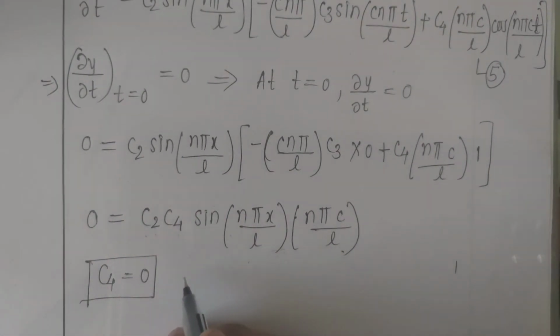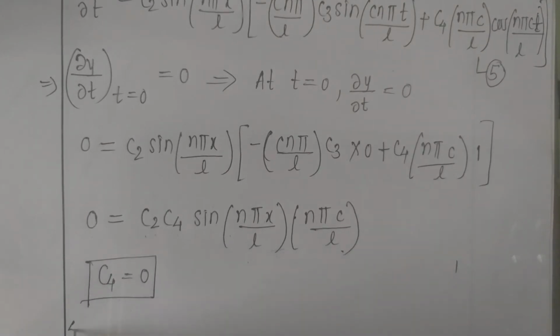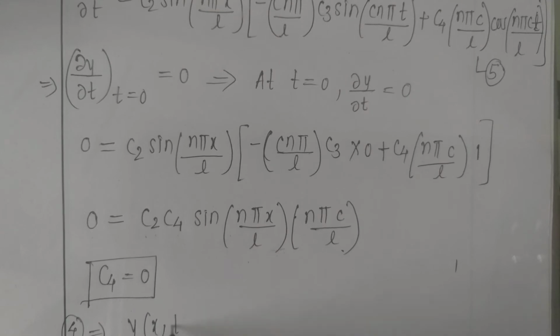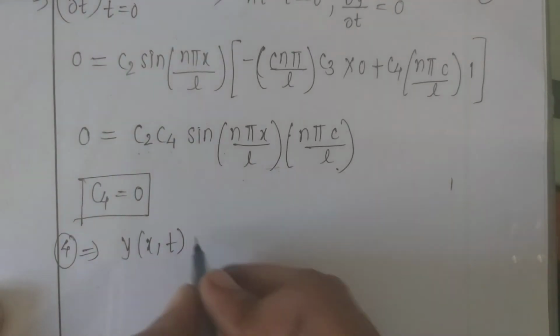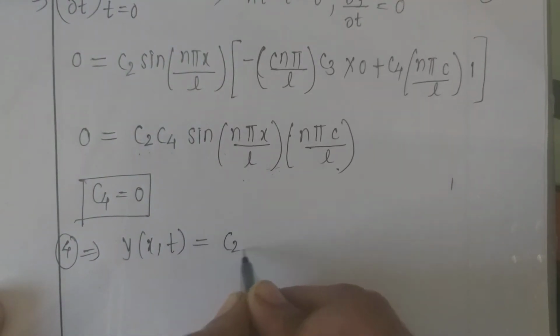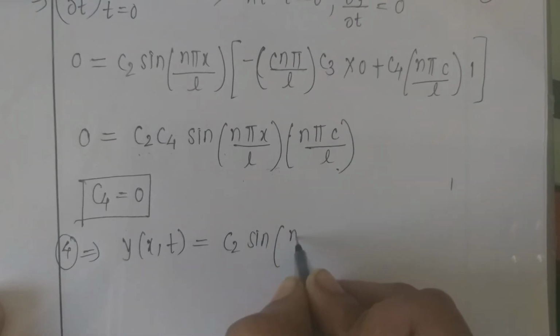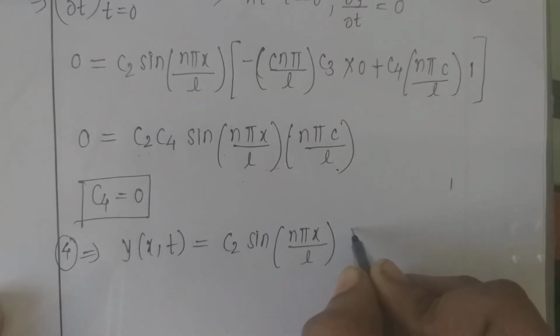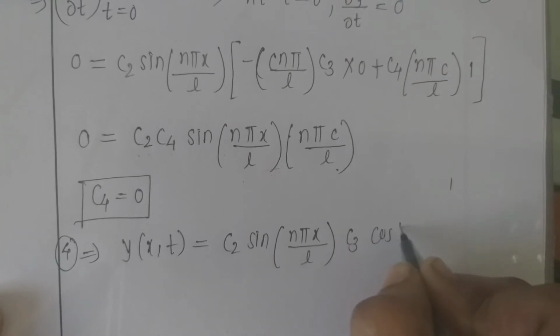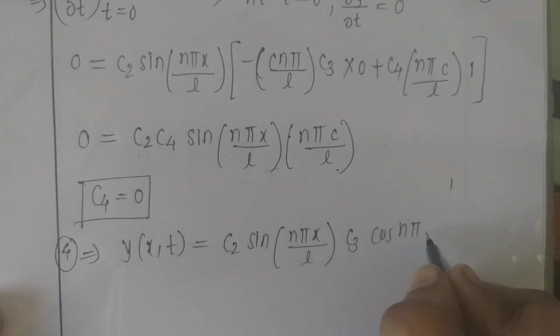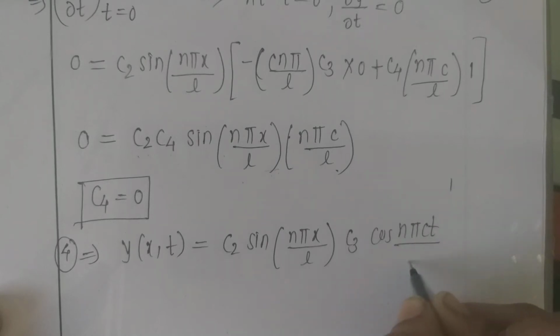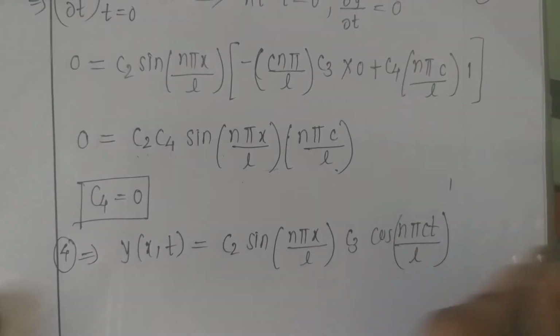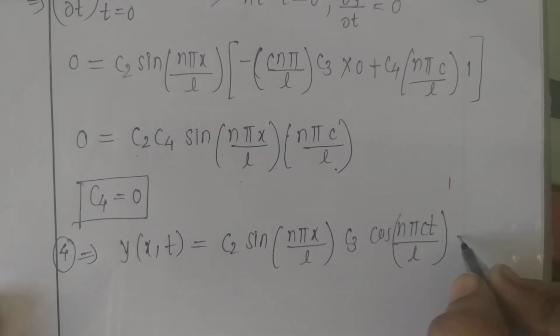So substituting this C4 value in equation number 4, y(x,t) is equal to C2 multiplied by sin(nπx/L) multiplied by C3 cos(nπct/L). So C4 value becomes 0. This is equation number 6.